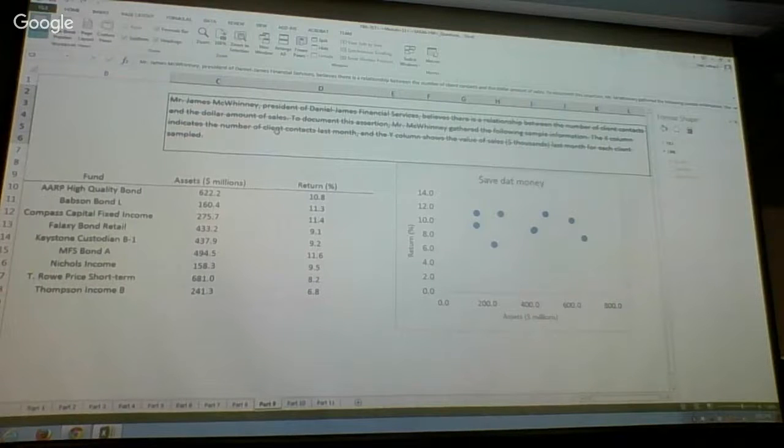Which is the independent variable? Assets. How do you know? It's the X, very good. Return percent should be your dependent variable because it's on the Y-axis. What's the nature of that relation? What do you think, Matt? Non-existent. Yeah, there doesn't appear to be any sort of trend there.